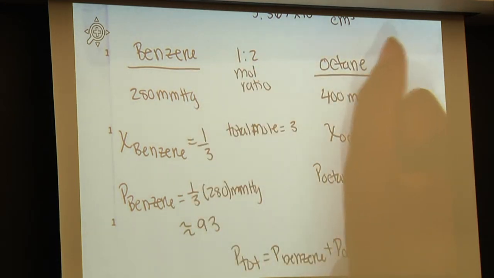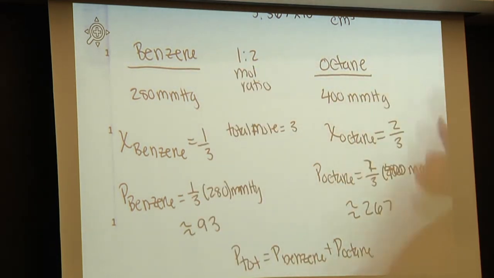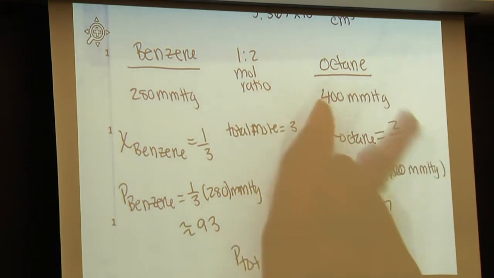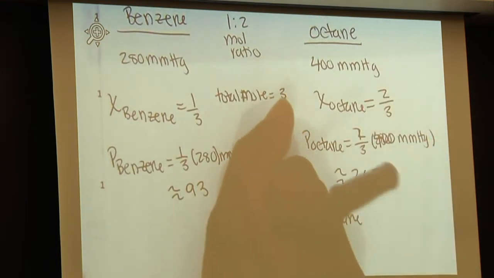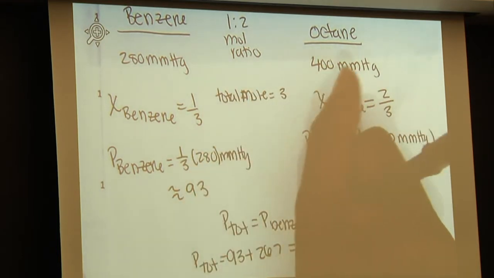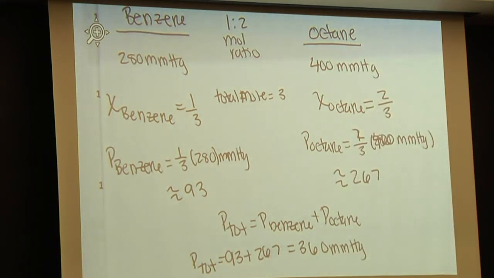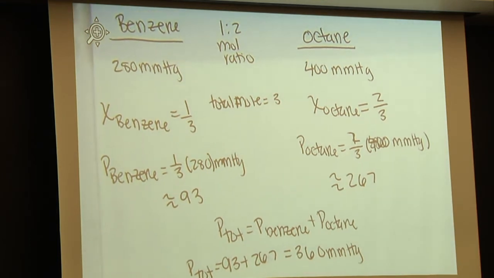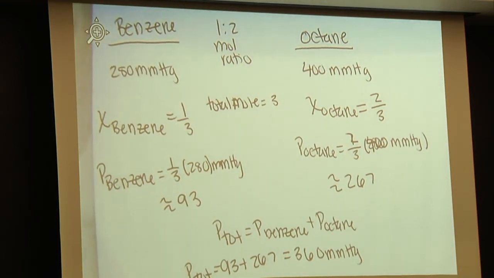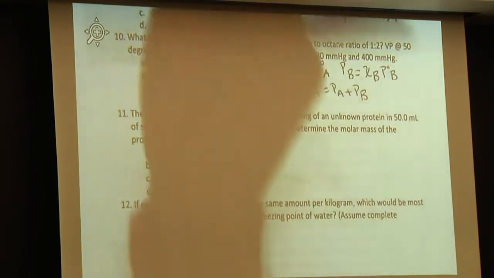And for this one, you should have around 267. So if you were to add the two, you would get the P total to be 360 millimeters mercury. So your answer should be C for question 10. Does everyone have this work on their paper? Yeah? All right, so number 10 would be C.